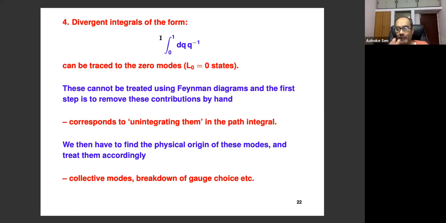Once you have changed variables to q, these q's are really the Schwinger parameters. And removing this basically means that you are removing precisely the contribution from the propagator of that particular massless mode and nothing else. And that's what corresponds to unintegrating these modes in the path integral.